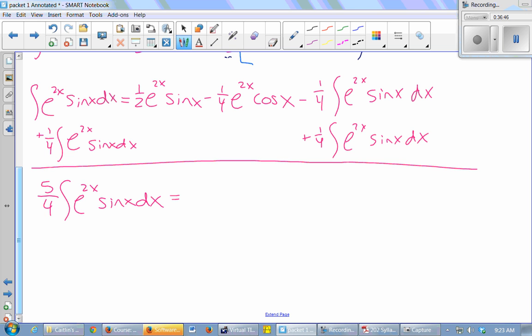So that's going to equal 1/2 e to the 2x sine x minus 1/4 e to the 2x cosine x.